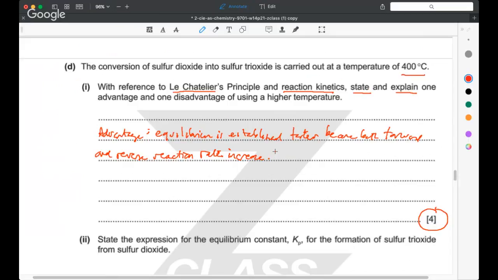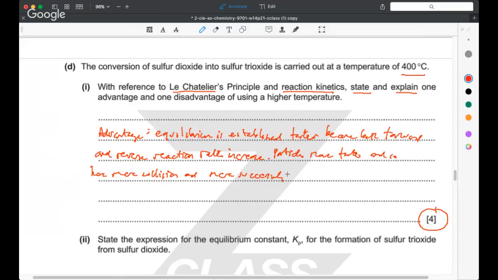And the explanation for that is that particles move faster and so have more collisions and more successful collisions, because that's what's happening when you increase the temperature.